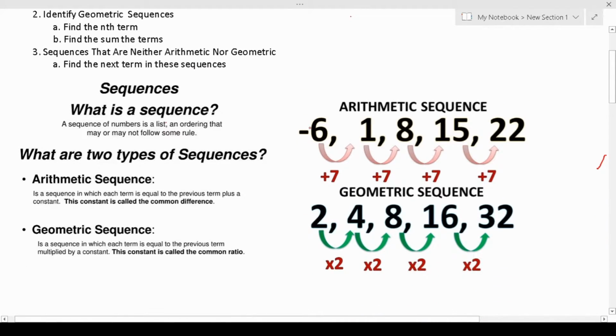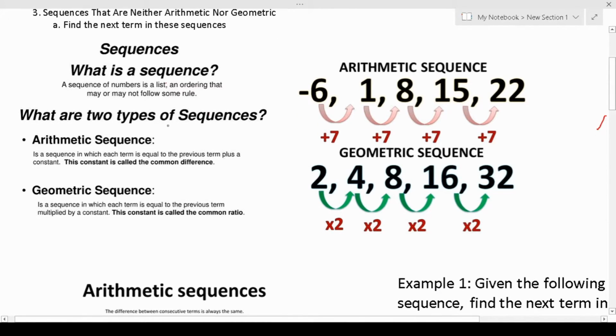To start today's video, we're going to compare and contrast arithmetic and geometric sequences. And let's do that by first asking ourselves the following question: what is a sequence? A sequence of numbers is a list in which ordering may or may not follow some rule.